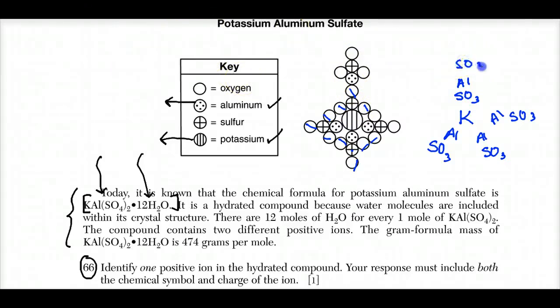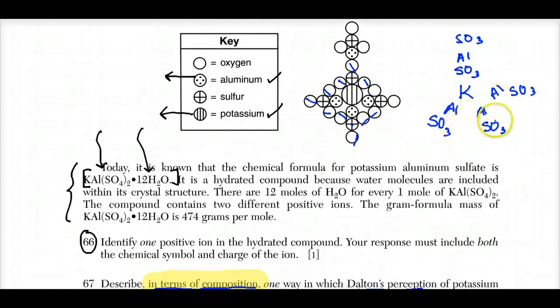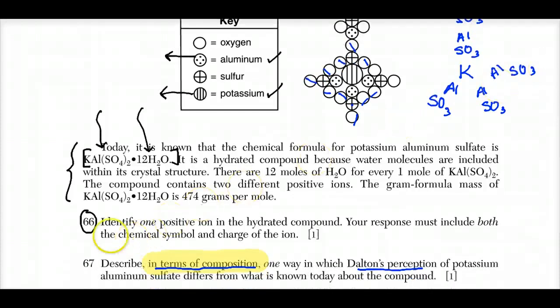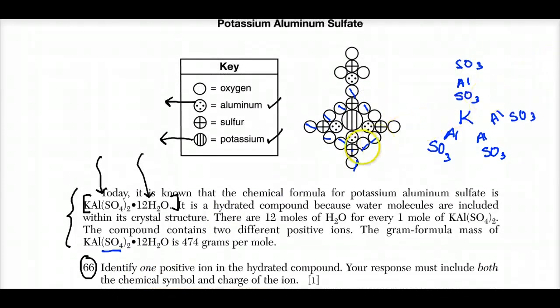Sulfite ion, according to him. So if we look here, it looks like he has 1, 2, 3, 4, 5 sulfite ions involved, and here he's got sulfates. According to the structure that Dalton drew, he's got a lot of SO3s here.